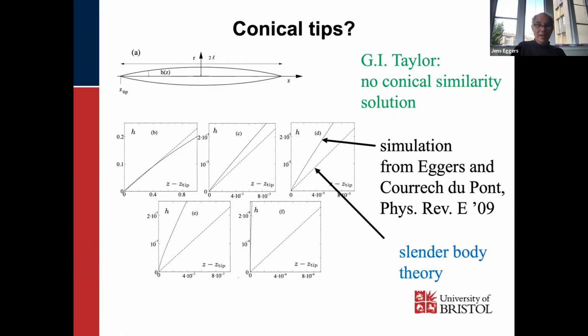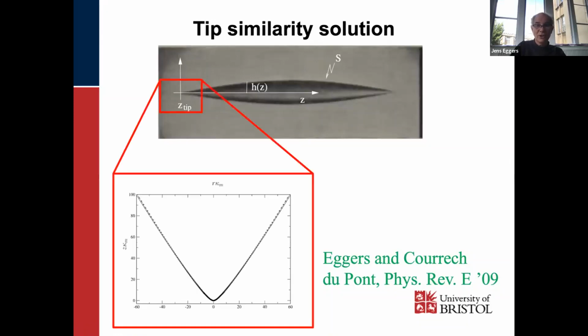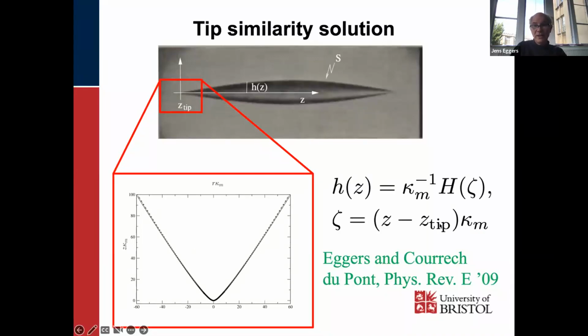So how do I approach this problem? The first thing I'll do is to introduce a description which is local around this tip here. And I do that by introducing a similarity solution. So here is a close-up of this tip here. But what I've done is I've written both axes here in units of the curvature of the tip. So kappa m is the mean curvature of this bubble tip.